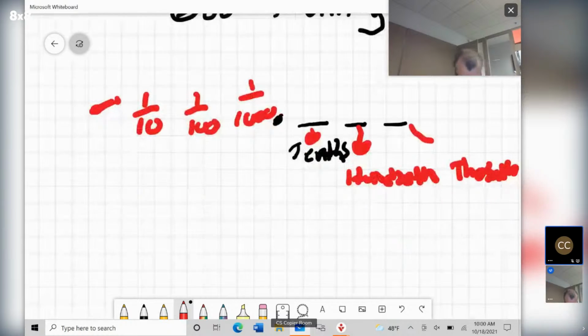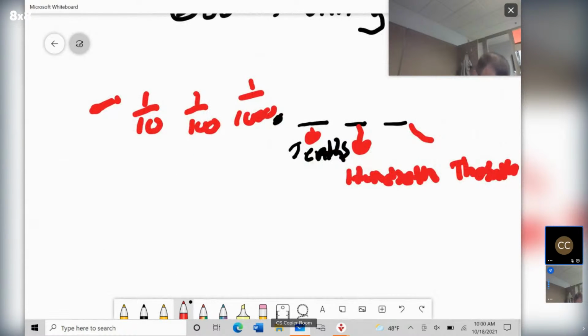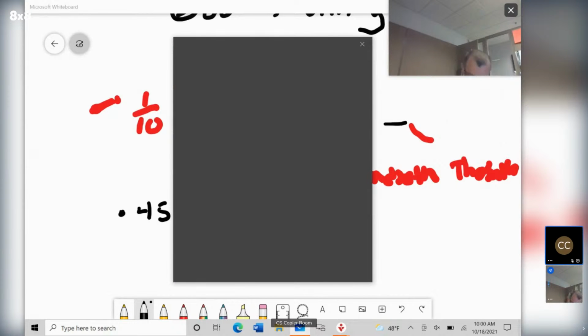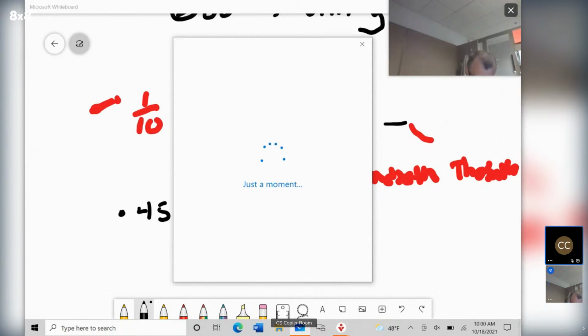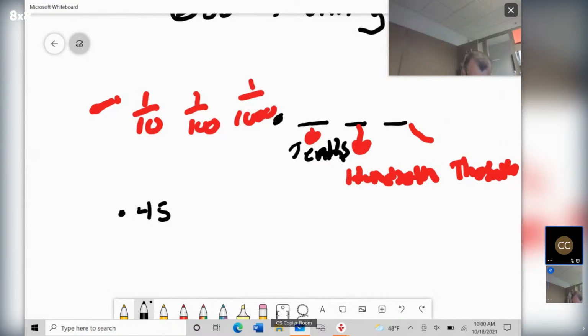Okay. So the first one I want to do is 0.45. And that one we can see that it would be in the second place, so it's the hundredths. The four is in the tenths, and the five is in the hundredths. So that would be 45 hundredths.